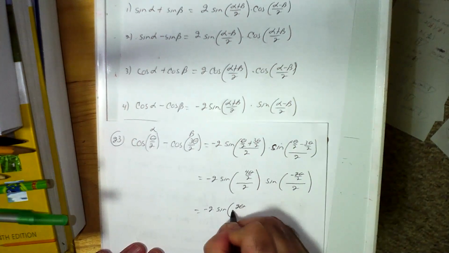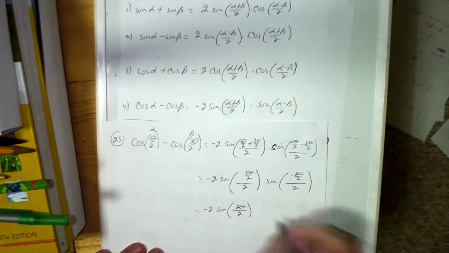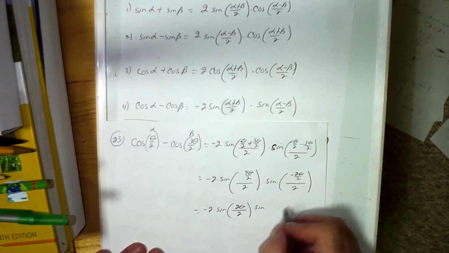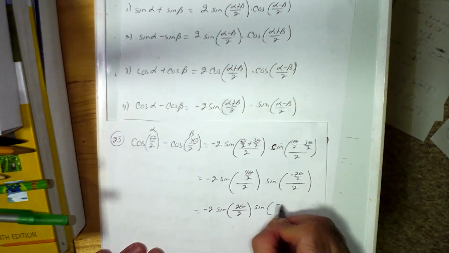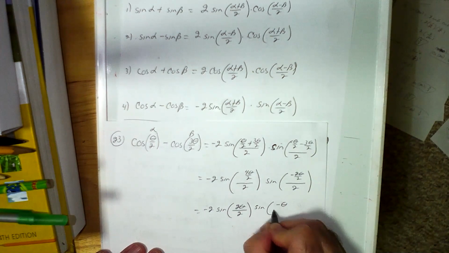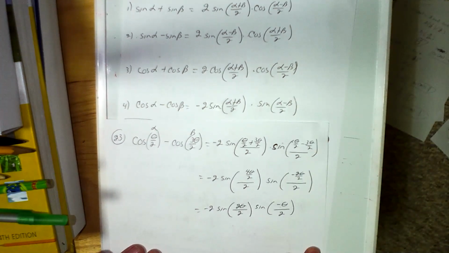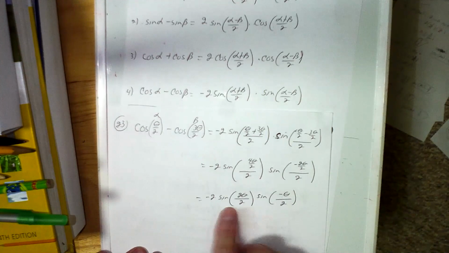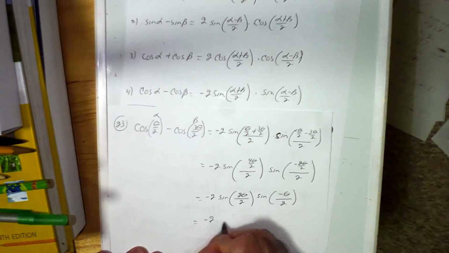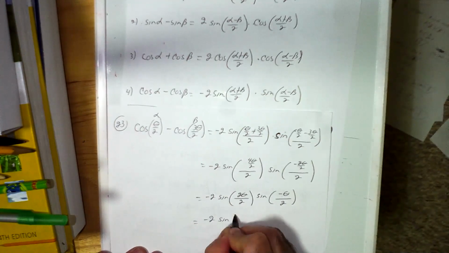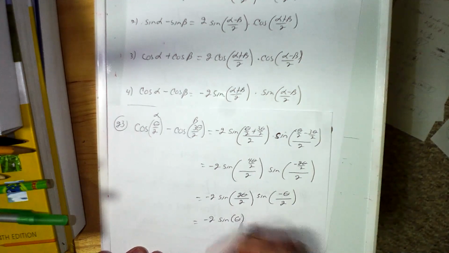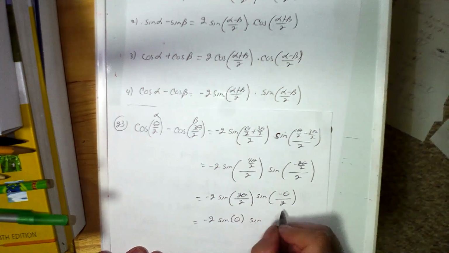Right? And the whole thing's all over 2. And the second one, you're going to get negative theta all over 2. I think. Yes. Right? And I can simplify still. You get theta. And I don't think we can do anything with this one. I think this one's just going to stay like that.